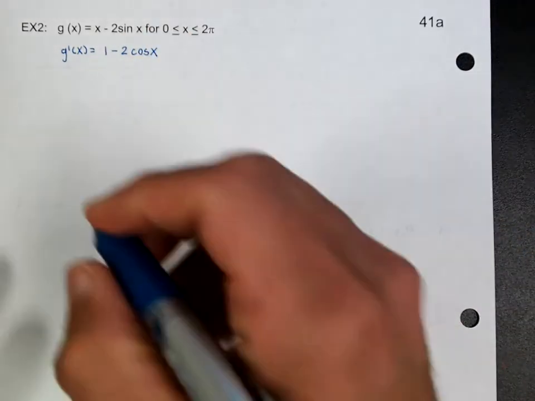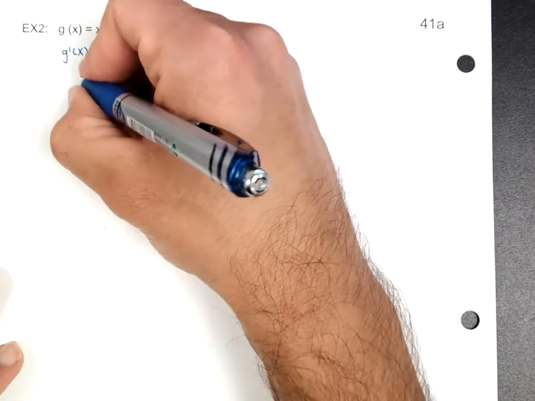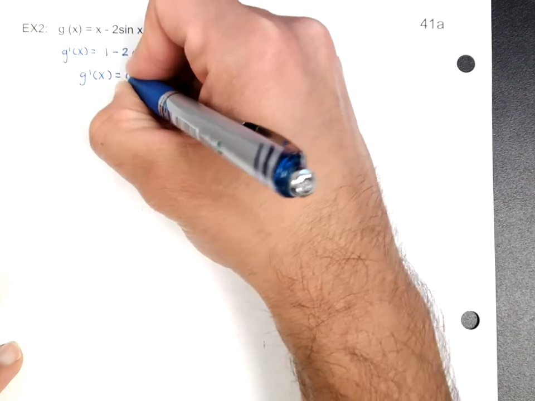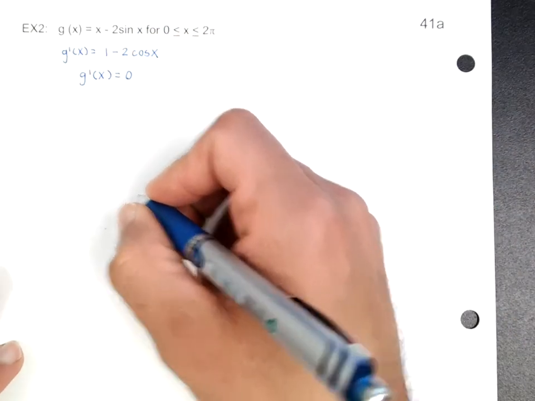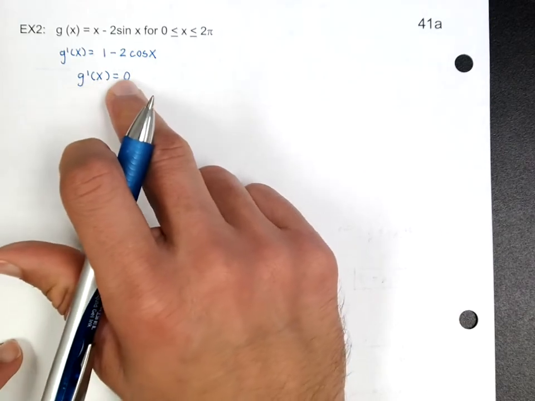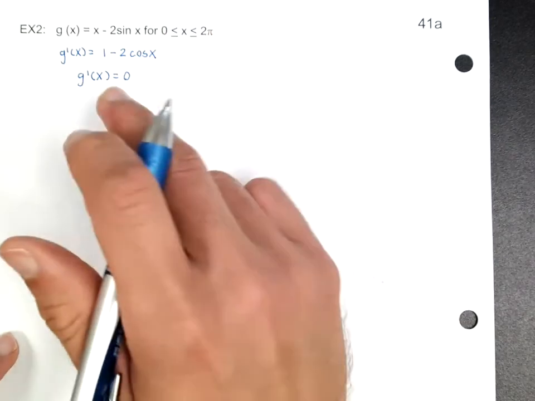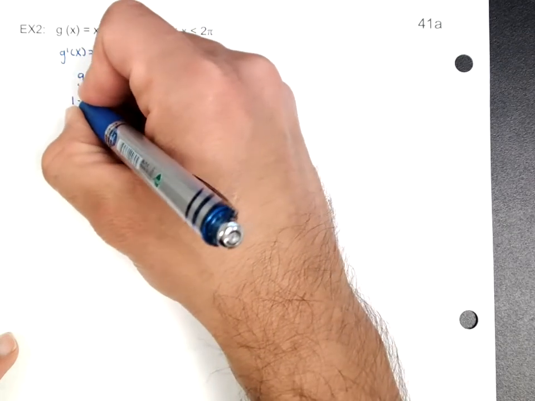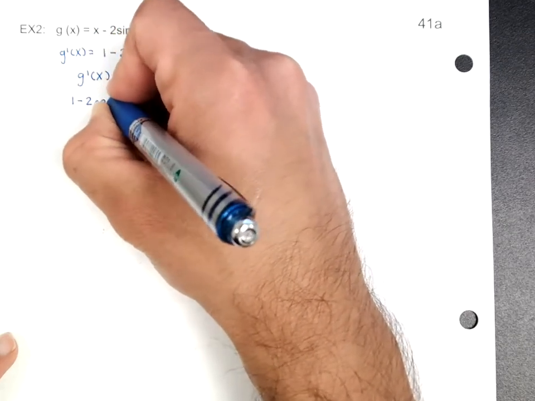All right, and then now to figure out my critical values, I am going to have to set my derivative equal to 0, okay? And like we talked about in the past, if you have that, then you could possibly have a max or min or neither, but at least that's one of them, all right? At least you can find out. So now I'm going to set my derivative equal to 0.